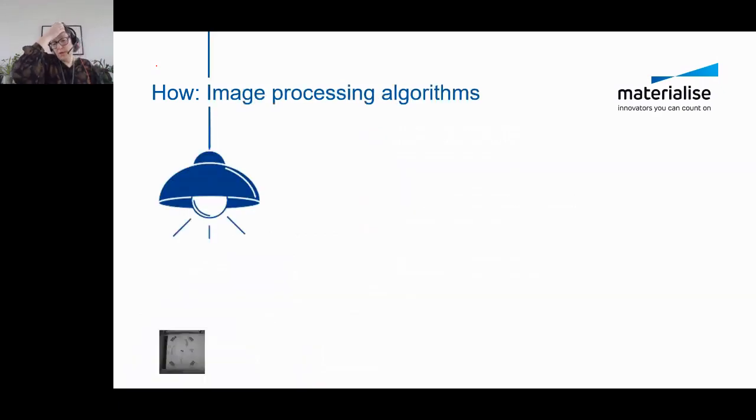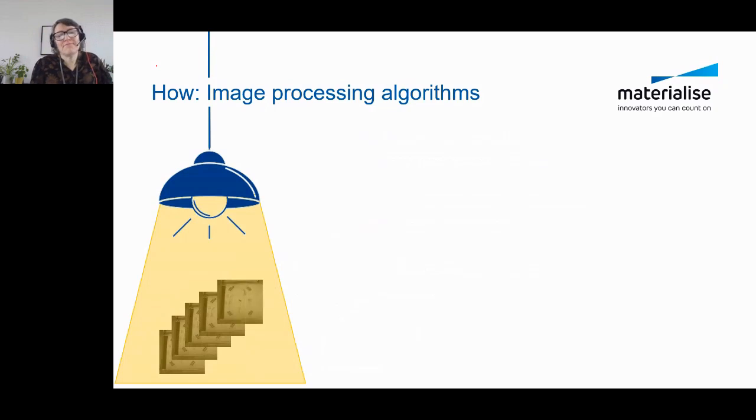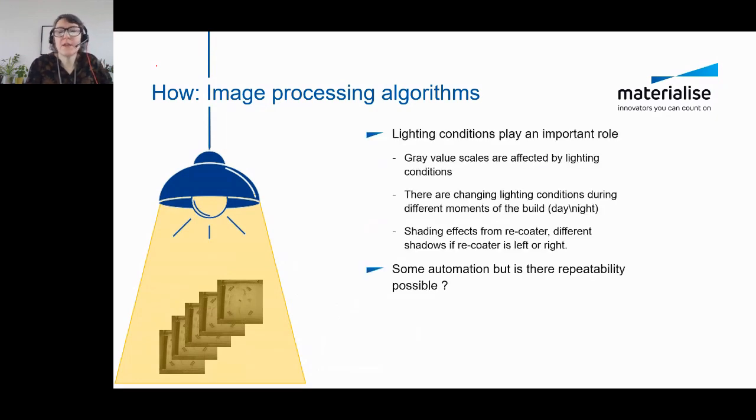So can we do it with more classical image processing algorithms? Then that would be a bit semi-automatic, but the issue that you will encounter there is that typically lighting conditions play an important role. I mean, it can be day or night, it can be shades being thrown differently from the recoater, whether it's left or right on your machine.